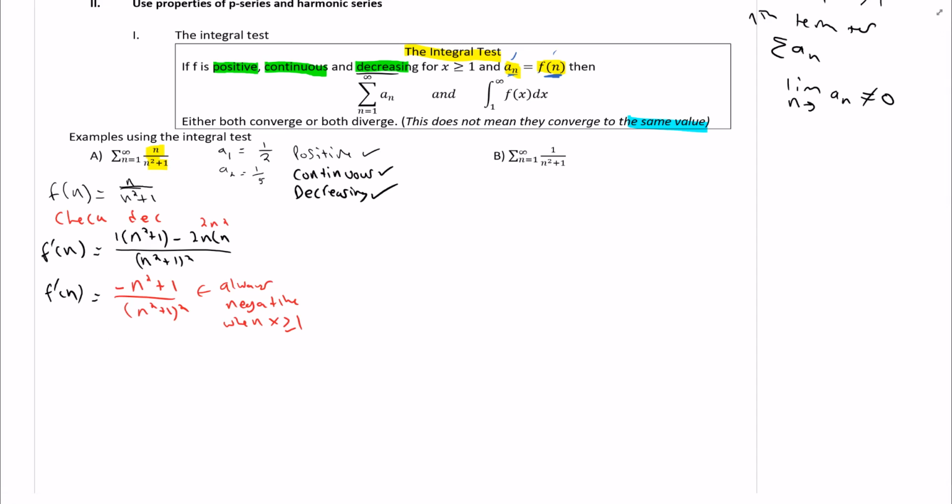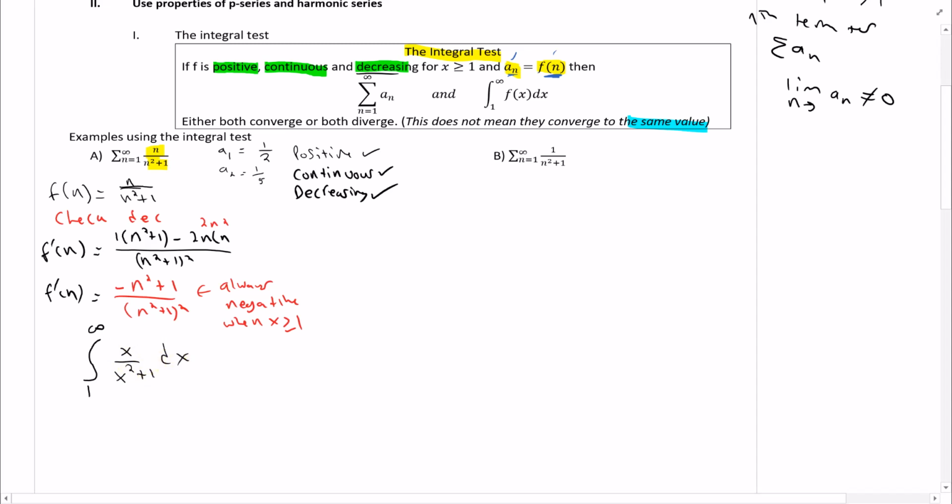So what we're trying to do is set up this integral from 1 to infinity of n over n squared plus 1 dn. And you know what, a lot of times they go ahead and just change these to x's, the variable doesn't matter, so let's just make our life easier.